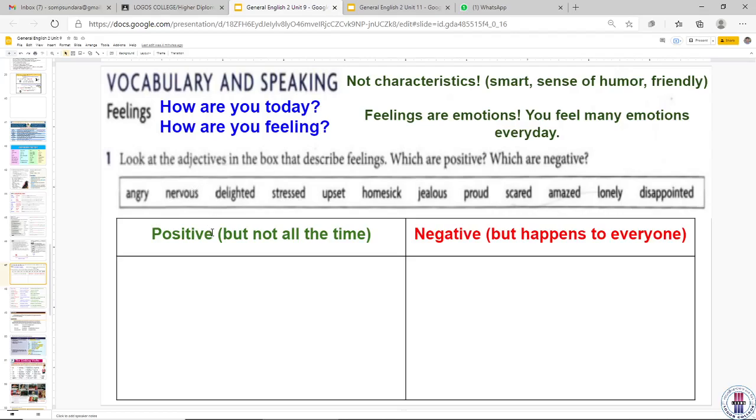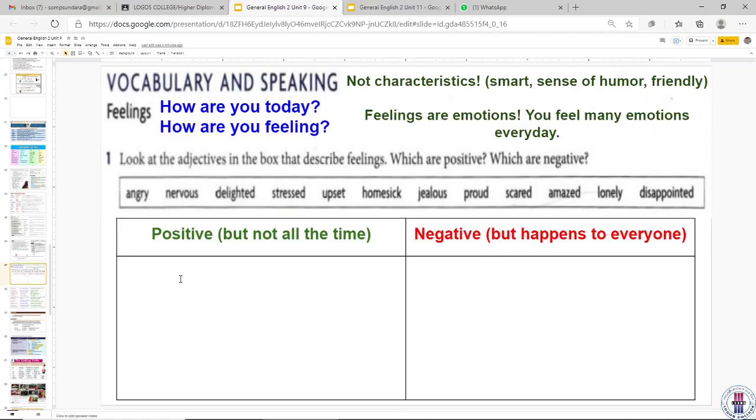The book asks, which are positive, which are negative? So positive means good, and negative means bad, right? But it's not always, not all the time. Notice it said not all the time. And even though some things are negative, it happens to everyone.